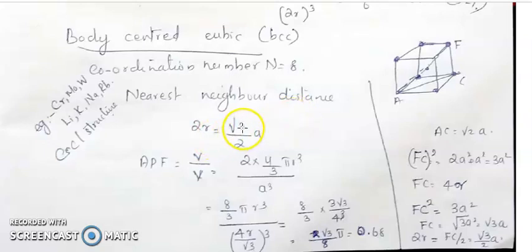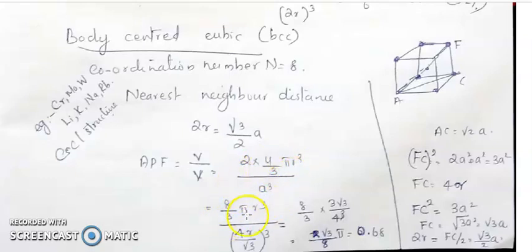So here it is some value. How much is this value? Root 3 is some 1 point value we have divided by 2. So the 2R distance will be root 3 by 2 into A. So in this case you can find out the atomic packing factor, that is, how many atoms are there, the 2 atoms. So its volume will be 2 into 4 by 3 pi r cube divided by A cube.